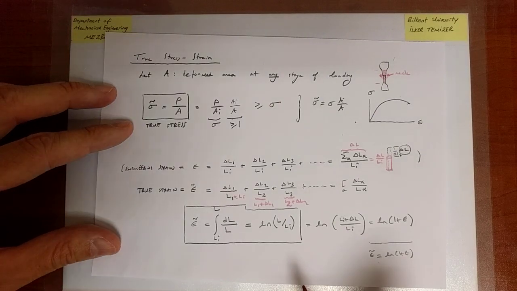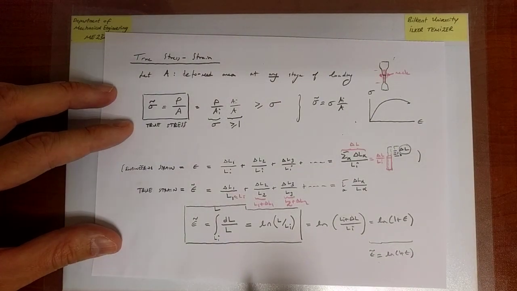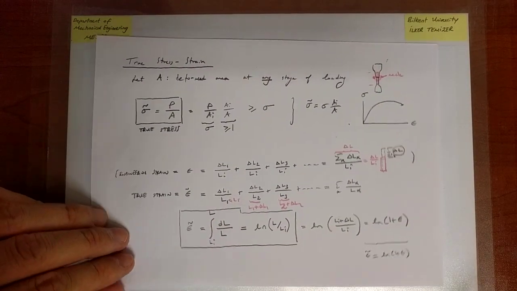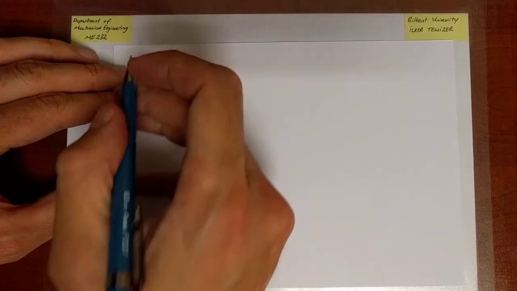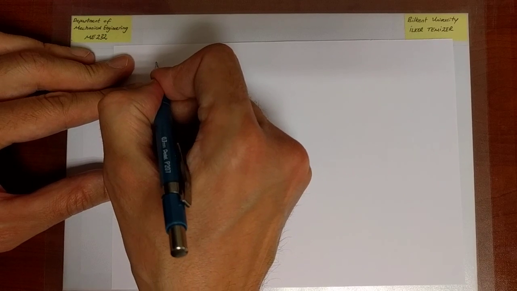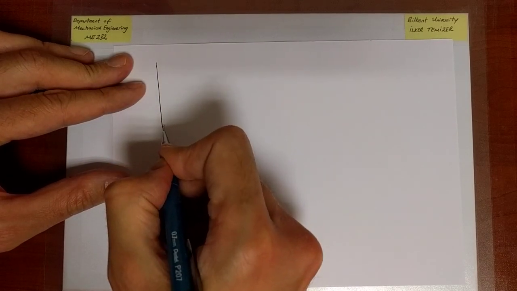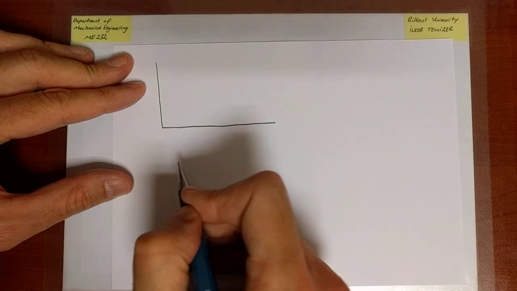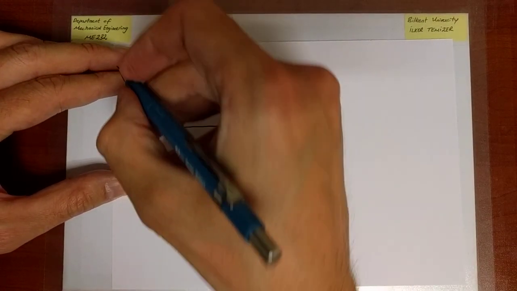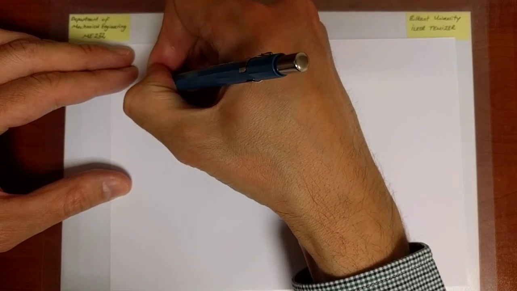Okay, all right, so now what we have is the definition for true stress and strain. Now what you might wonder at this stage is, how do the two sets of quantities compare with each other? To see that, we can plot on the same set of axes, strain versus stress.